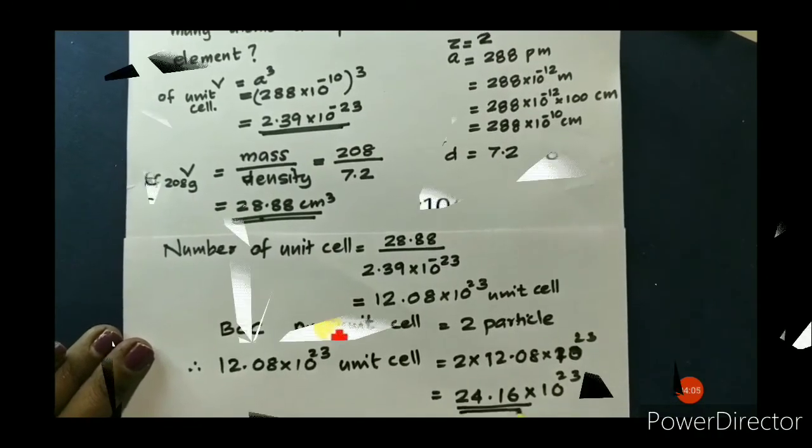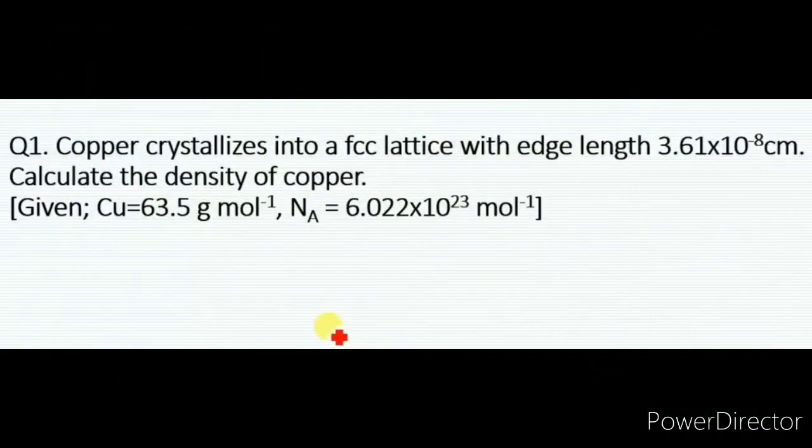So the next question, copper crystallizes into FCC lattice with edge length 3.61 into 10 raised to minus 8 centimeter. Calculate the density of copper. Given copper 63.5 gram per mole molar mass and Avogadro number 6.022 into 10 raised to 23.